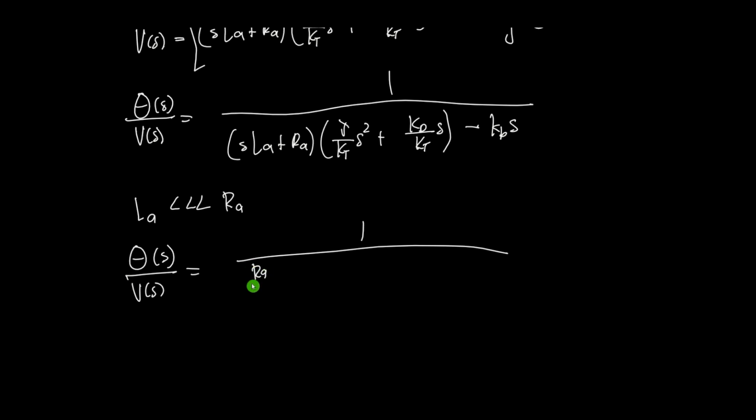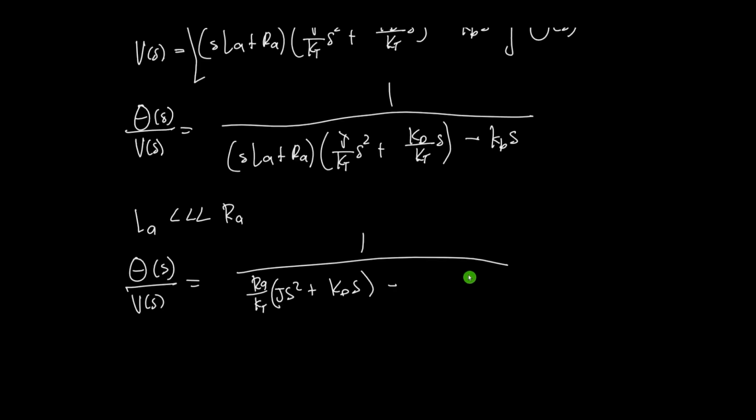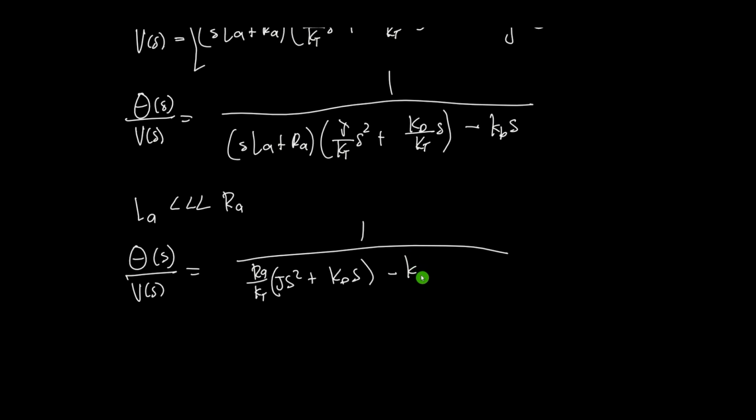So we have RA over KT. Then we have J S squared plus KD S minus this KB times S. Then simplify further.